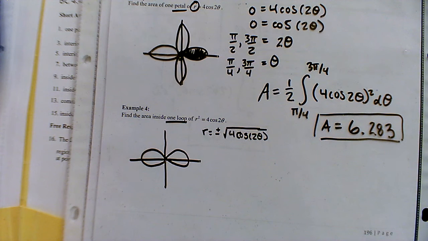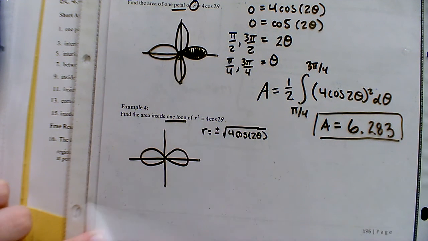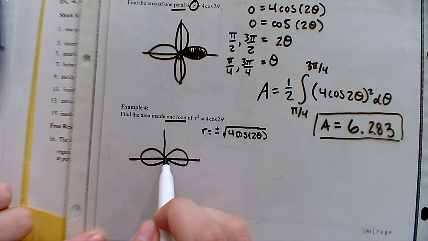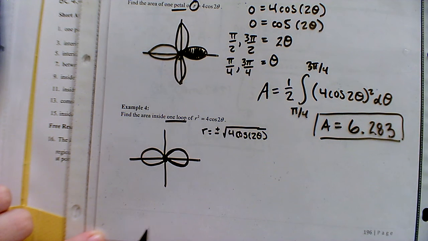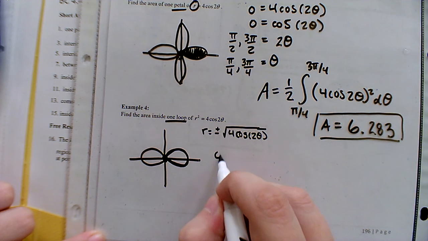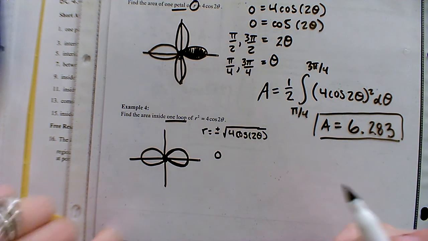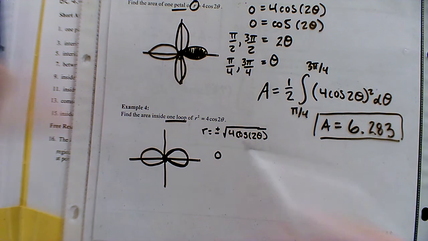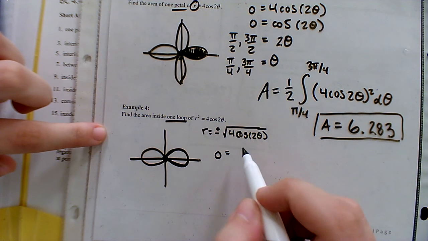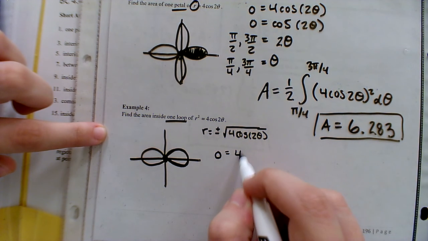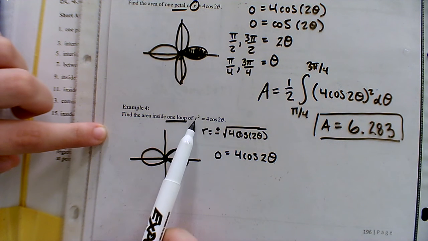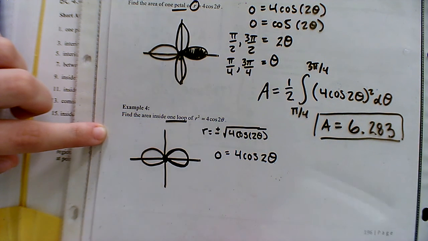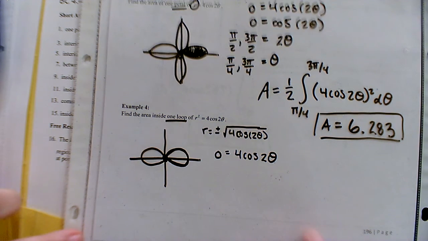All right, so we want to figure out the area of one loop. I don't care which one it is, but notice how the loop, no matter which one you draw, you start at the pole and then you end at that pole. So let's go ahead and figure out the theta values when we have that radius of 0. If we plug in 0 for r, we're just left with 4 cosine of 2 theta, and we've got to solve for theta.